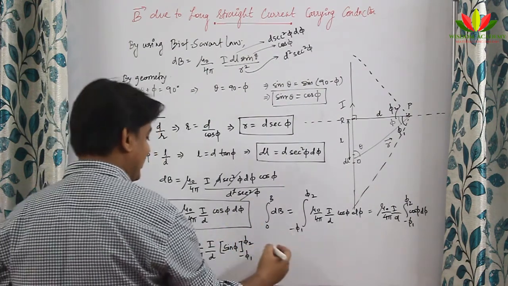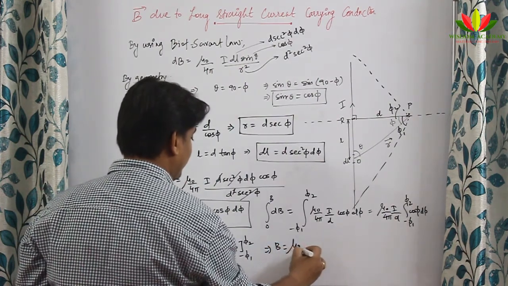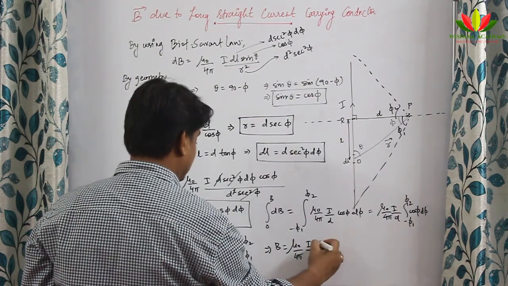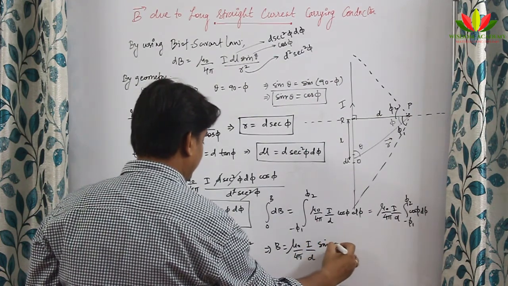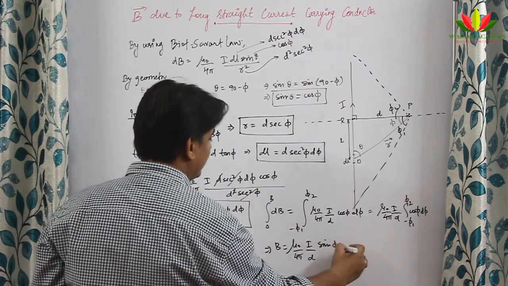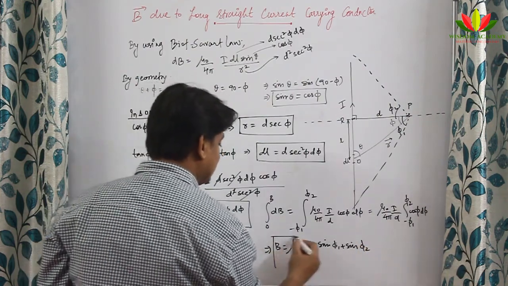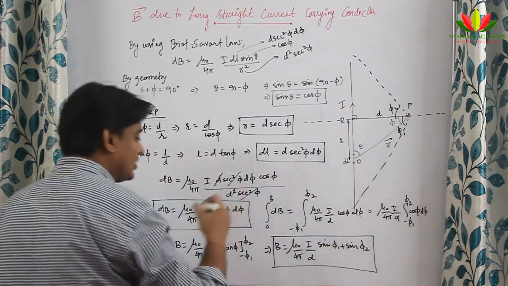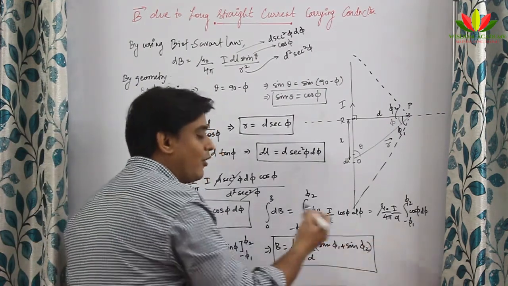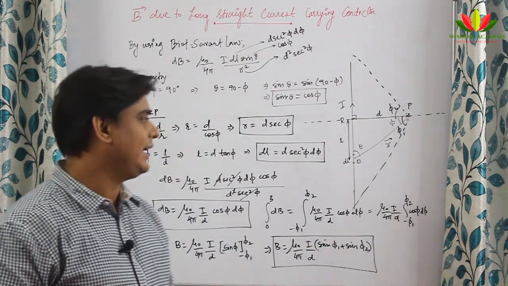So when you put the upper limit and lower limit, you will get the value of B as mu naught by 4 pi into I by d, and this will become sin phi 2 minus of minus sin phi 1, that will become sin phi 1 plus sin phi 2. This is the general expression of the magnetic field for a straight current carrying conductor.